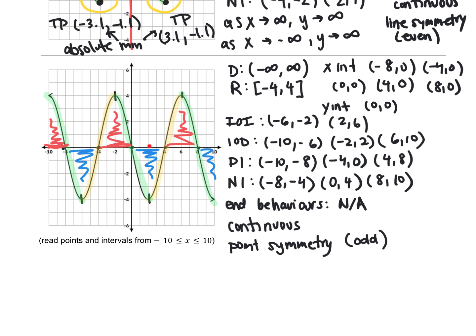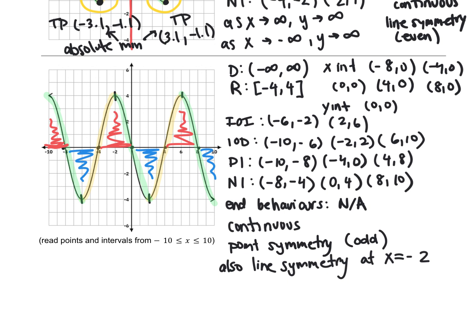But same thing here when x equals 2. Mirror image, x equals 6 or -6. So also line symmetry, and I'll say at x equals -2, although there are many reflection lines that we can use.